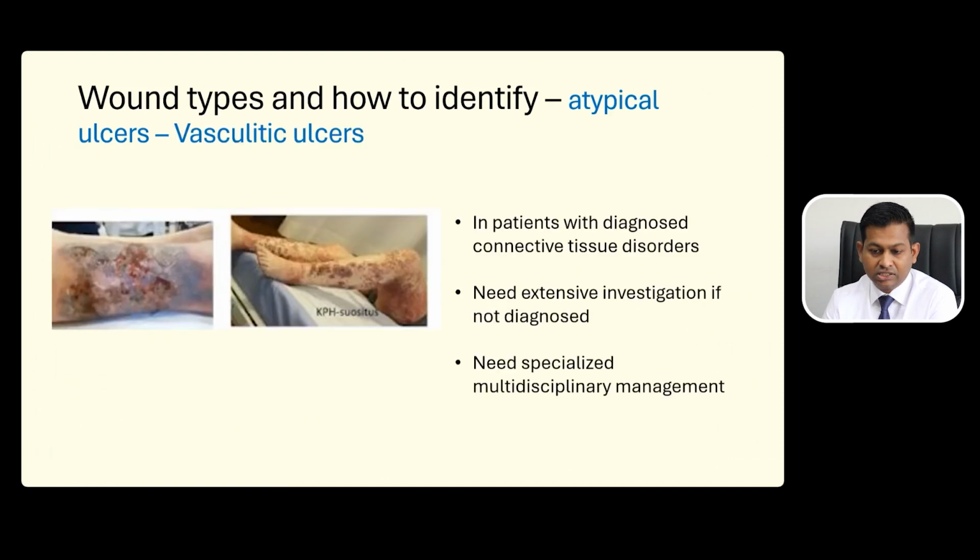This is a vasculitic ulcer. Usually they have other comorbidities like connective tissue disorders, and they need multidisciplinary management, involvement of vascular surgeons, immunologists, rheumatologists, whoever that is needed, and rehabilitation as well in some cases.